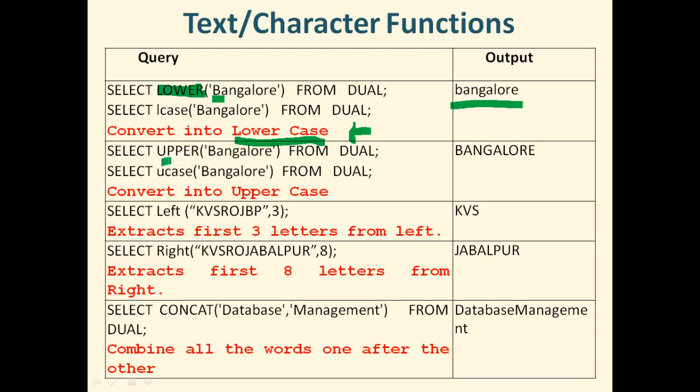Similarly, we have the upper function, the UCase function, and they both work equally and convert the given argument or parameter into upper case. You can see here in the result, Bangalore is in upper case. So let us run these two functions and see the example.